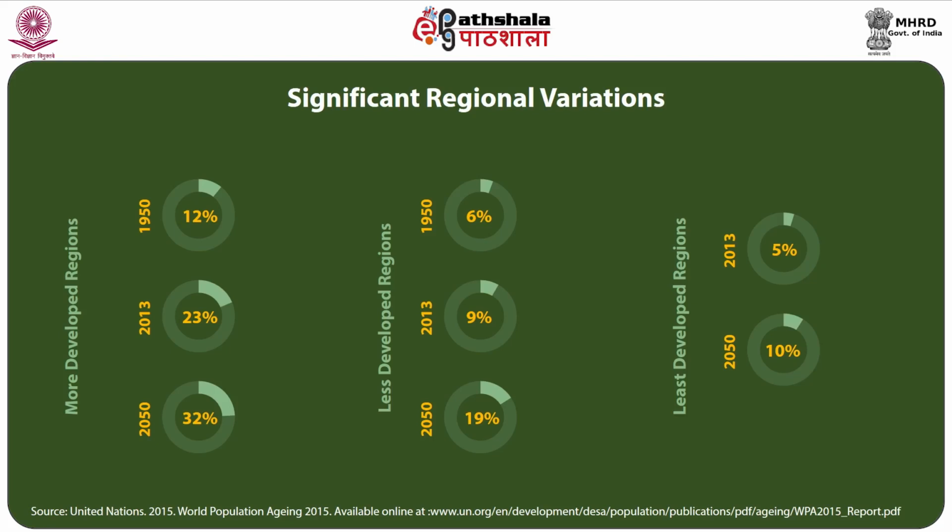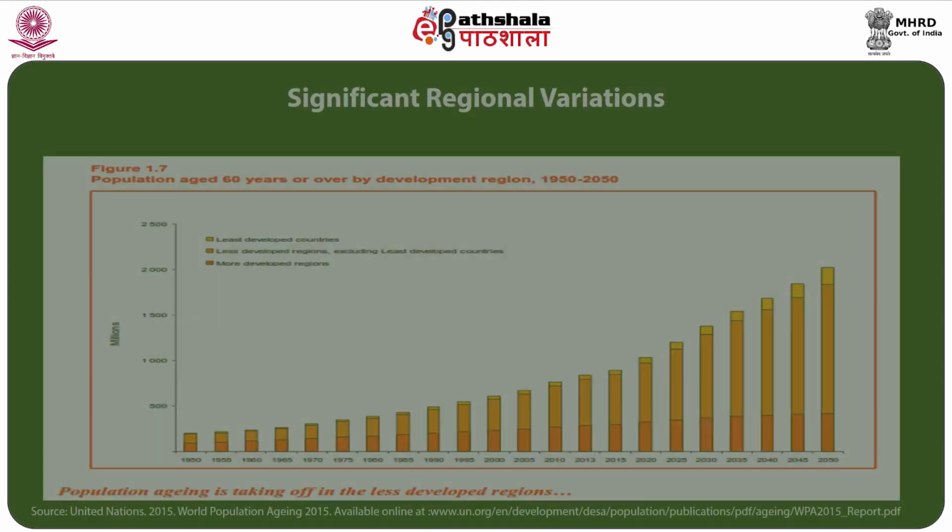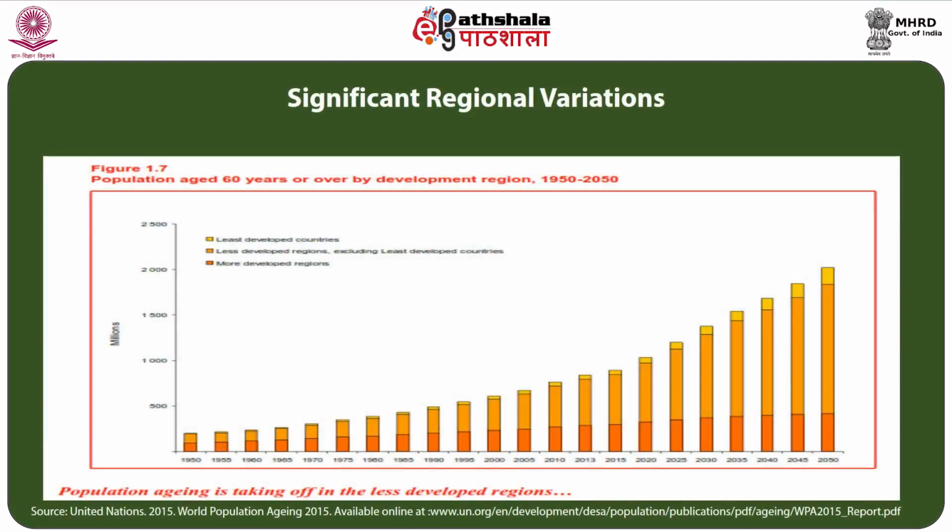In that case, there are significant regional variations noticed across the globe. So, the proportion of population of 60 plus in the total population over a period of time across the world and developed and less developed regions is clearly indicated in the figure, which shows that there is a steady increase in the elderly population.